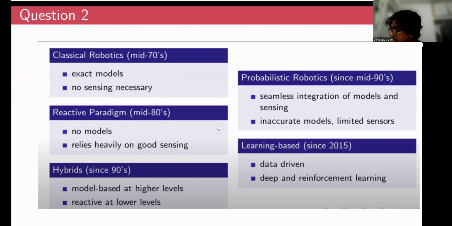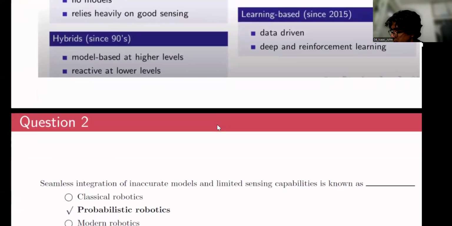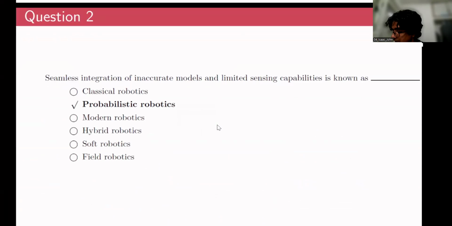And the question asks about the seamless integration of models and sensing. That is basically a defining attribute of probabilistic robots. So we can choose our correct answer to be probabilistic robots, which is fairly straightforward.